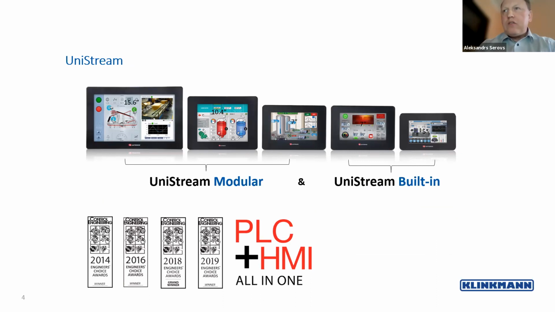Modular solution, you can attach different modules to the display, and UniStream has some inputs and outputs included into device. So you can by yourself select model you more preferable to your solution, to your project. But it's most depending thing from other producers because UniStream has in one device HDMI screen and built-in or attached modules.